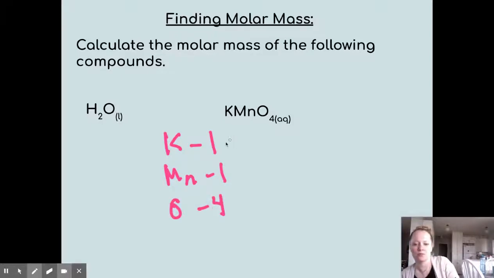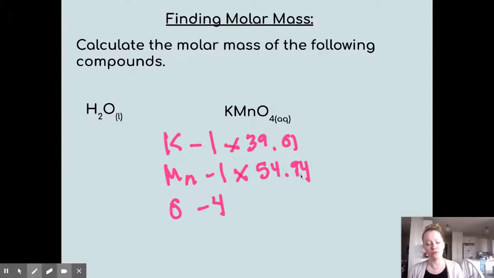Okay, so I would look at my atomic mass for potassium, and that should be 39.10. Okay. Manganese should be 54.94. Be careful, don't mess it up with magnesium, they're different. And oxygen is 16. Do any multiplying I have. 4 times 16 is 64.00.